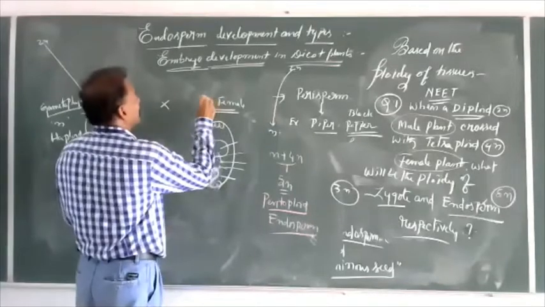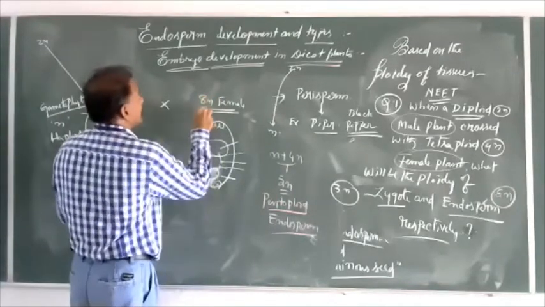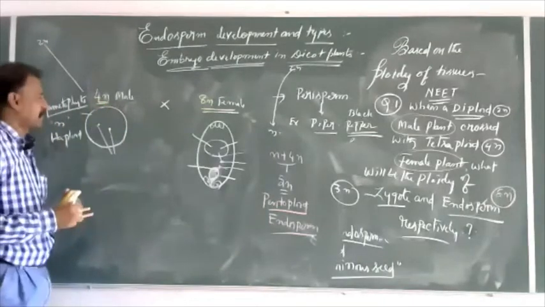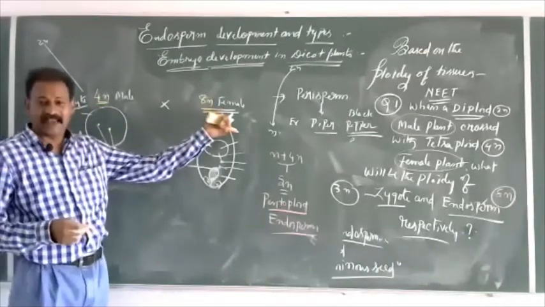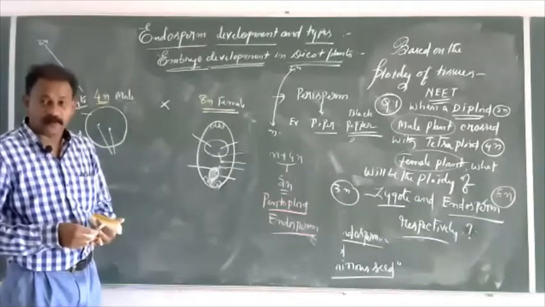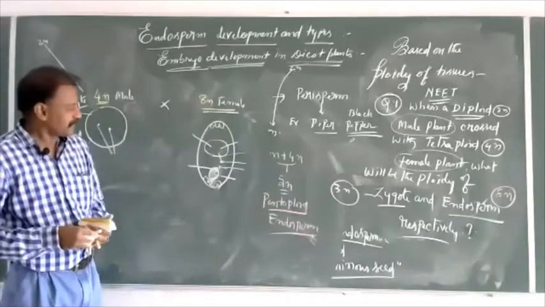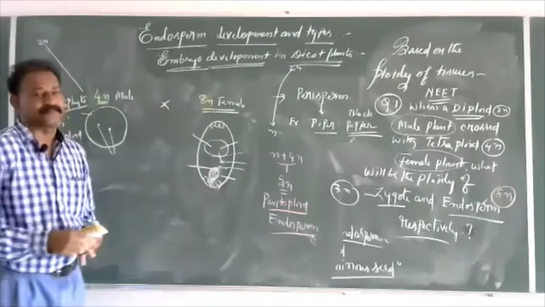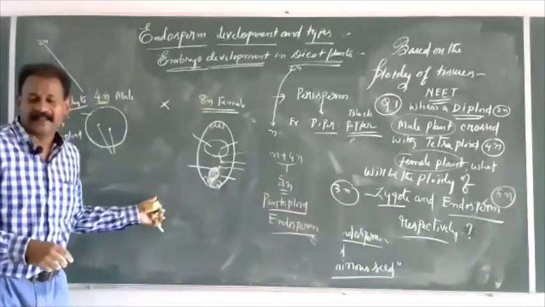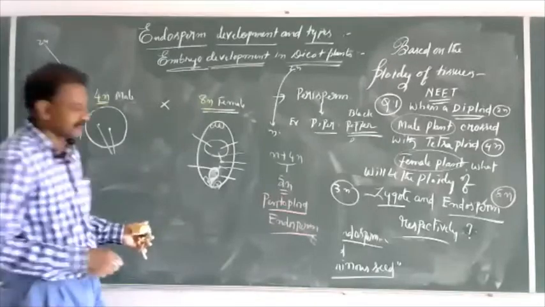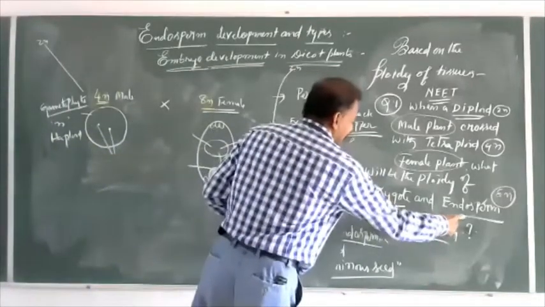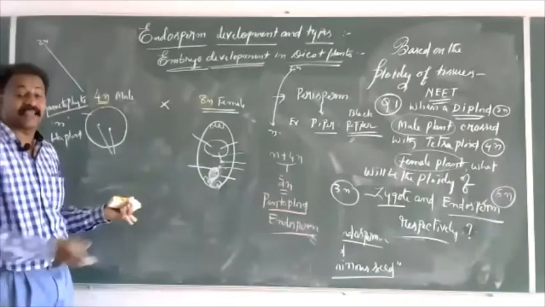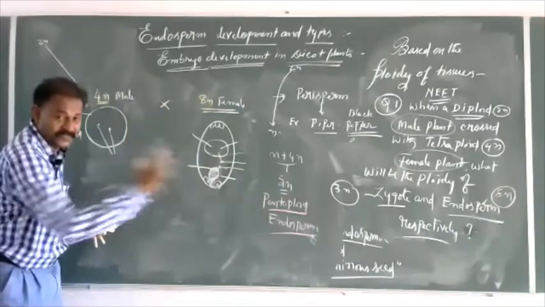For example, a male tetraploid and a female octaploid. If a cross is made between these two plants, male and female, what will be the ploidy of the zygote and endosperm respectively? Or they may ask what will be the ploidy of endosperm and zygote respectively.